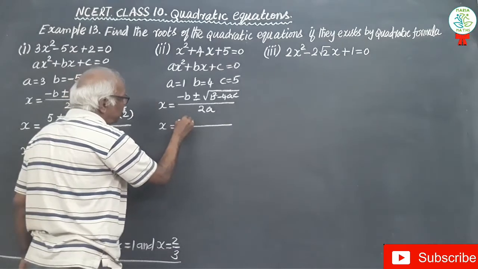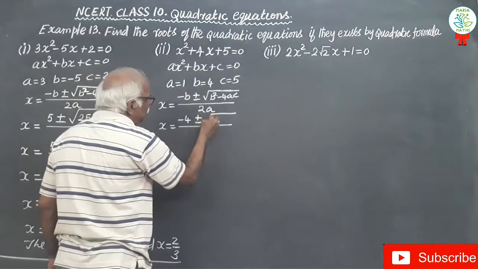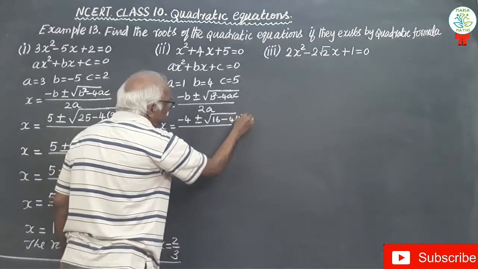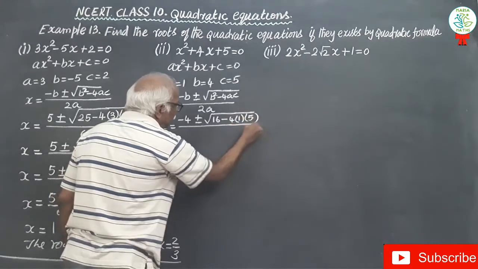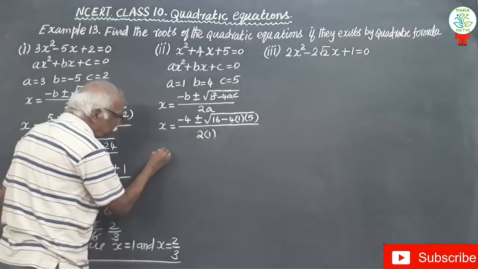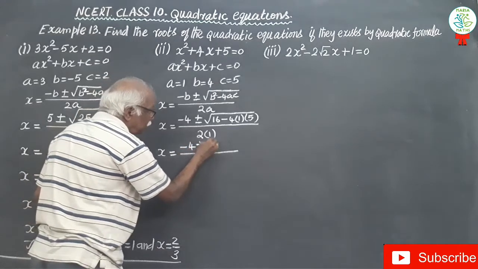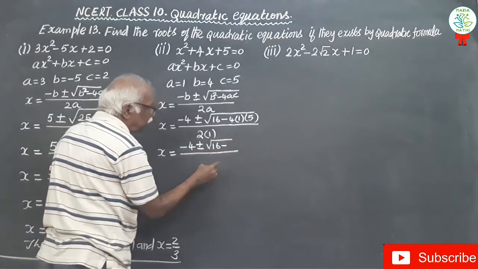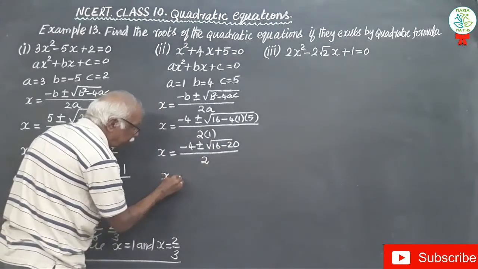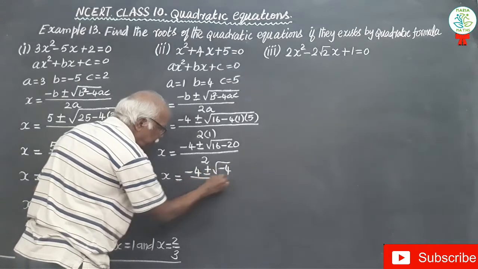So x is equal to minus 4 plus or minus root of 16 minus 4 into 1 into 5, which is 20, by 2. X is equal to minus 4 plus or minus root of minus 4 by 2.